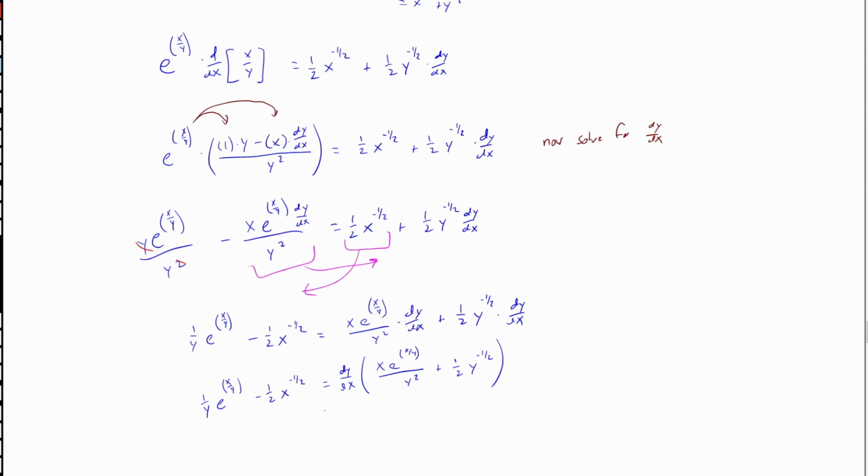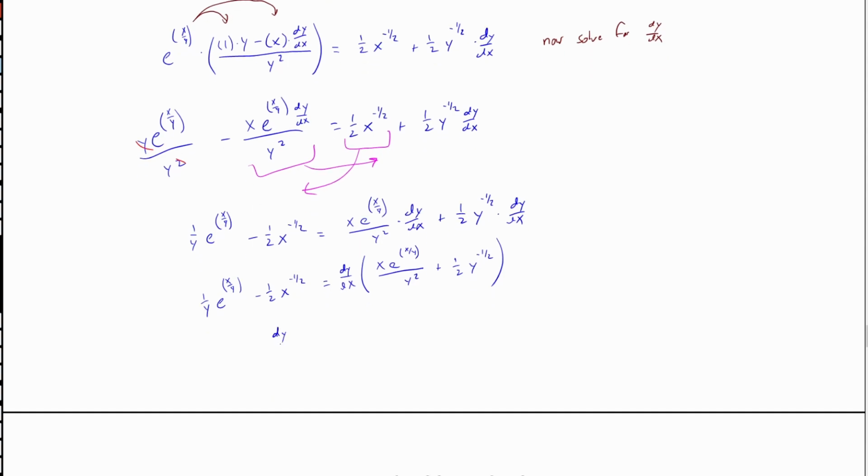And now I divide to get dy/dx by itself. Before, I've said I don't really like fractions within a fraction, but I think that if you try to simplify this any further, you're more likely to make a mistake than not, so we'll just stop there.